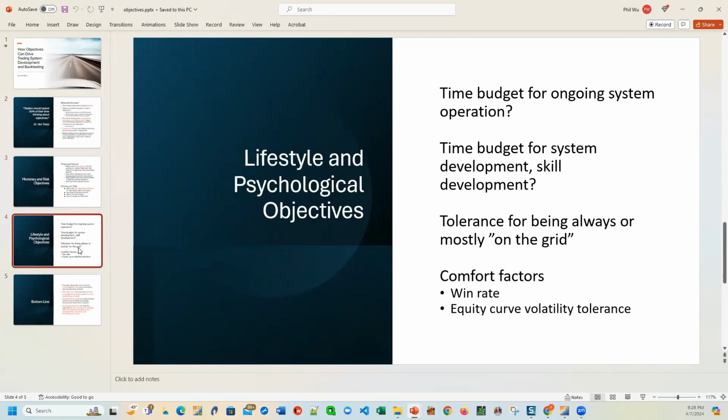The lifestyle and psychological objectives: what's your time budget? Do you want to spend one day a week on operations, but you're willing to spend 6 months upfront to develop your system, once you have the thing running?